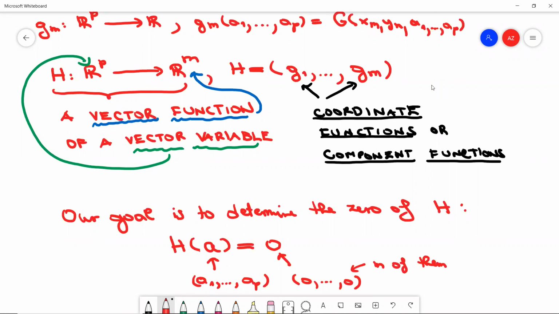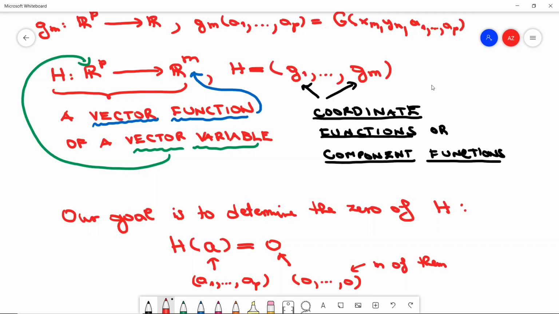So to recap, so that I don't lose you, we started with the nonlinear model. This was our function f, which was dependent on x and parameters a1 up to ap.